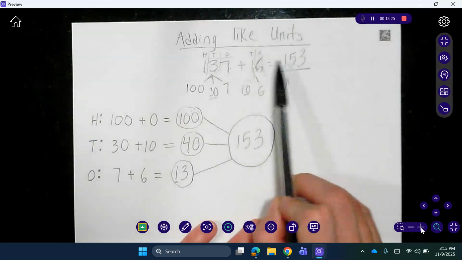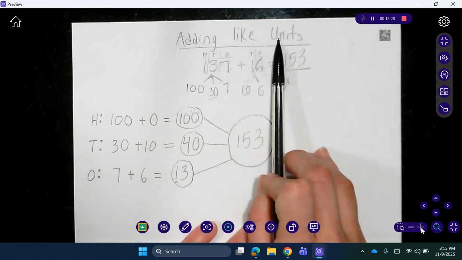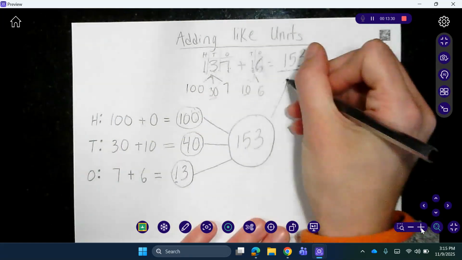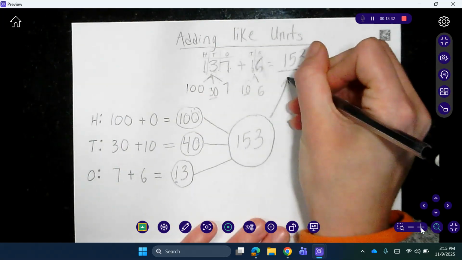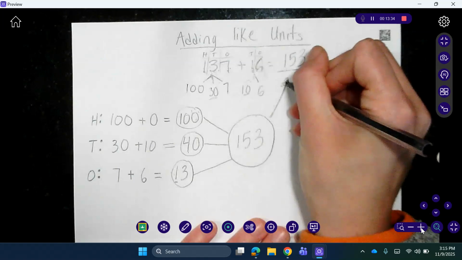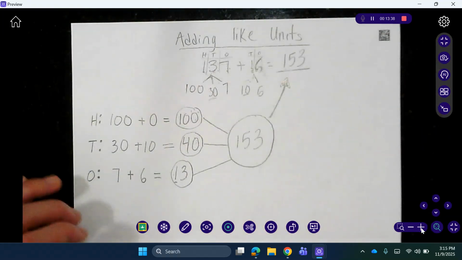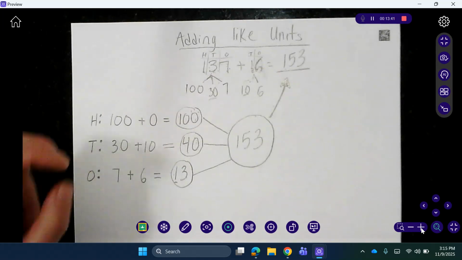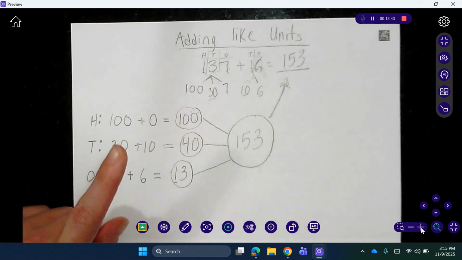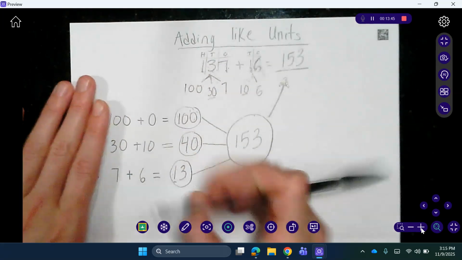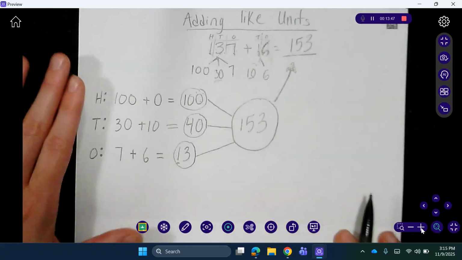Okay, and we solve this using the adding like units strategy. Now, thank you guys for paying such close attention. The more you pay attention when I do these little reminders, the better you're going to do on your problem set. I do want to show you one other way that might make sense to a lot of you, and you might even like it better than this way. So it's still the same strategy.